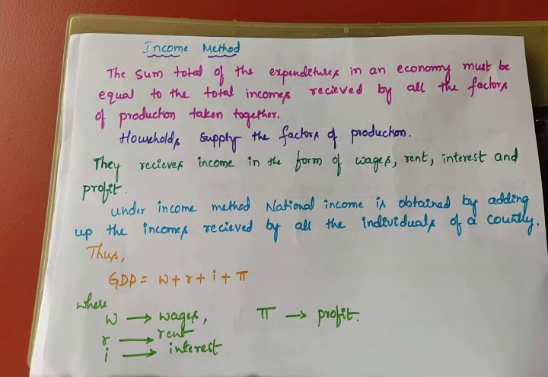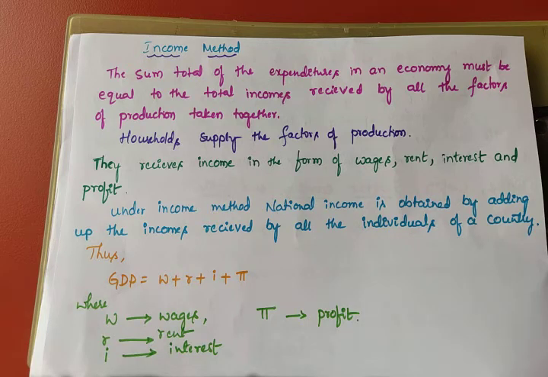In the next class we can calculate with the help of a numerical example, numerical meaning numbers, how we can get the same answers in these three methods, because these three methods are very important to calculate national income.